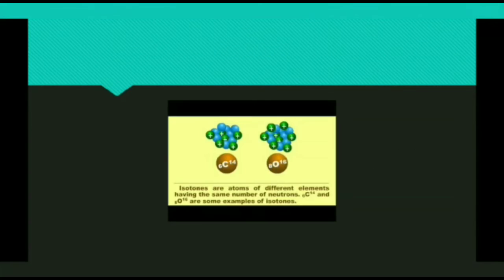For example, carbon-6-14 and oxygen-8-16. How can we find the neutrons? Mass number minus atomic number. 14 minus 6 is 8. Then oxygen: atomic number 8, mass number 16. So 16 minus 8, we have 8 neutrons.